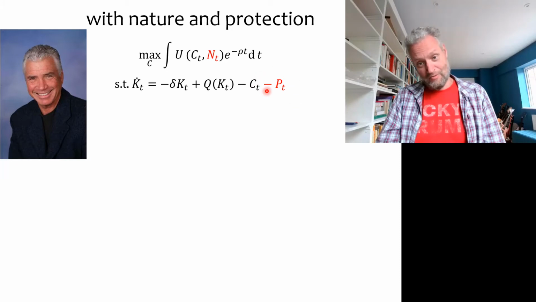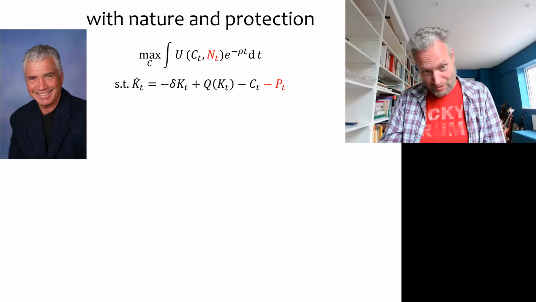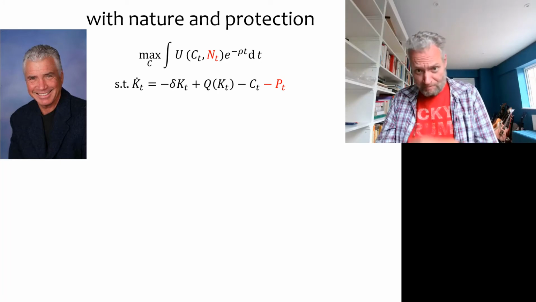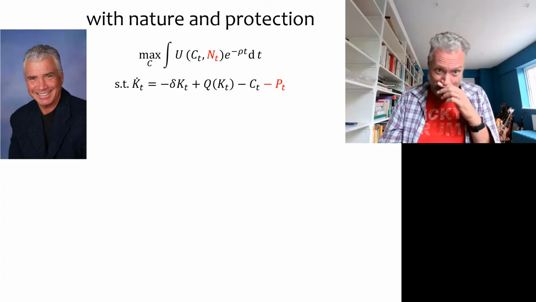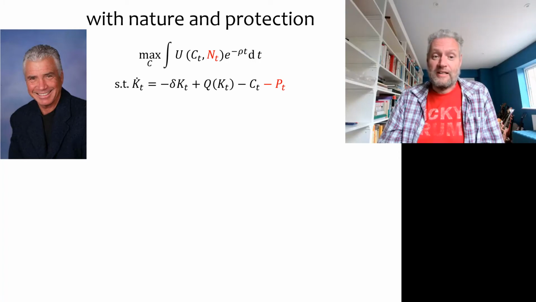But now we don't just consume, but we also invest money into nature conservation, B. Of course, that money disappears. That cannot be used for other purposes. So that is our first constraint.